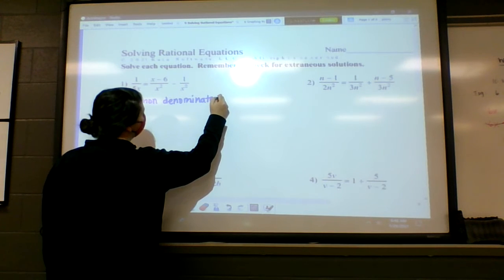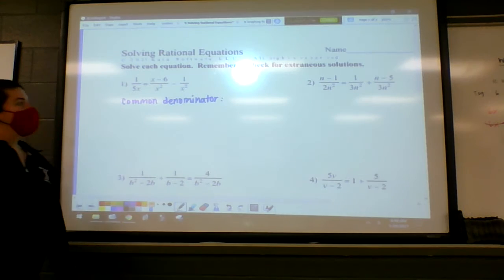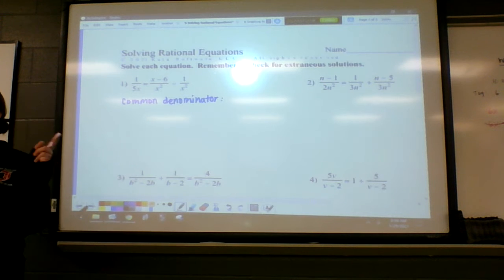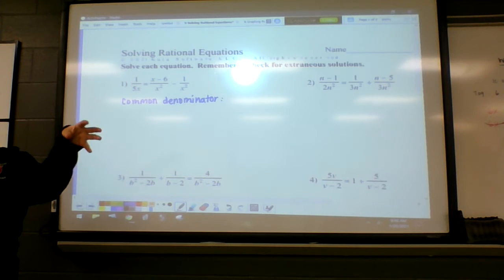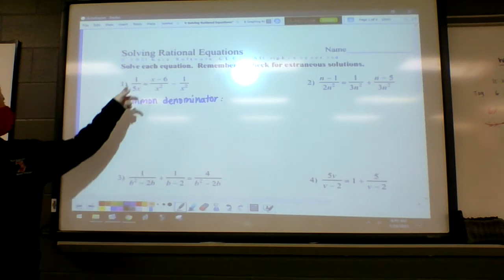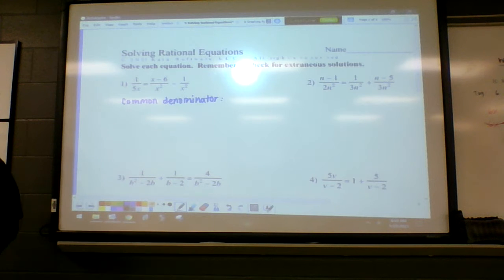So just looking at the denominators, you have a 5x, you have an x squared, which is what? An x and another x being multiplied, right? And then you have another x squared. So what does the common denominator have to have so that everything is included? It's got to have an x squared, right?